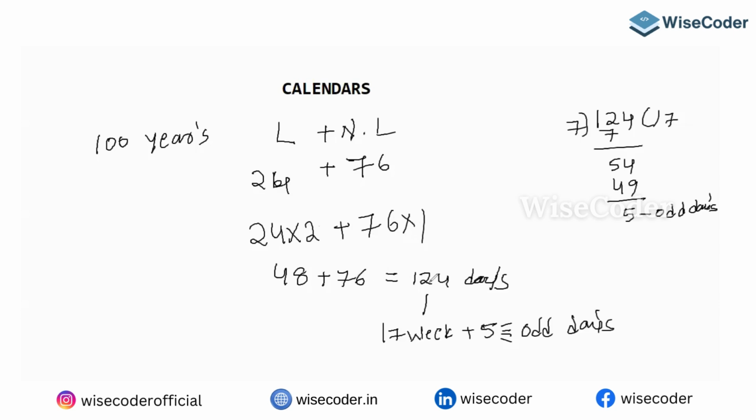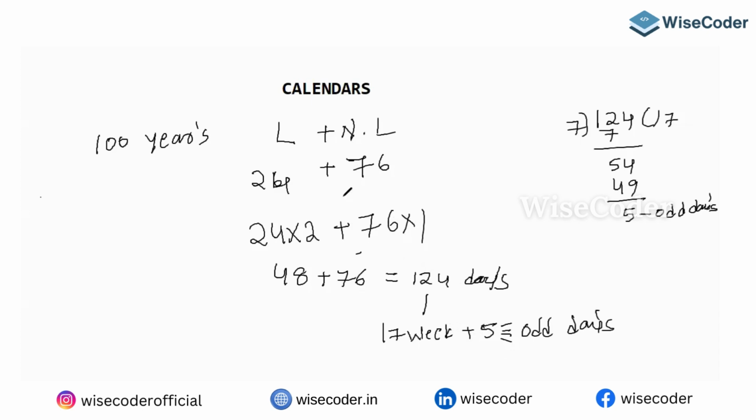The total number of days is 124, which gives 17 complete weeks plus 5 extra days. So whenever there are 100 years, you get 5 odd days. Please pause the video and write this part.